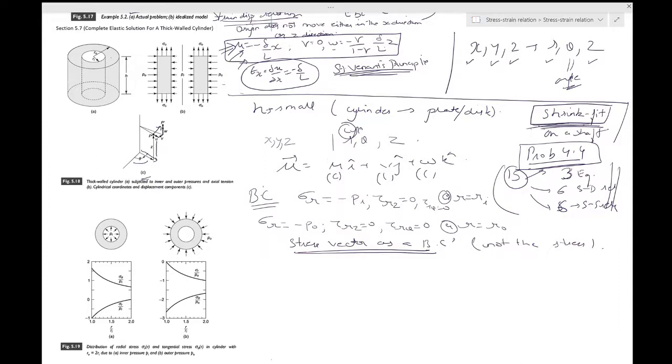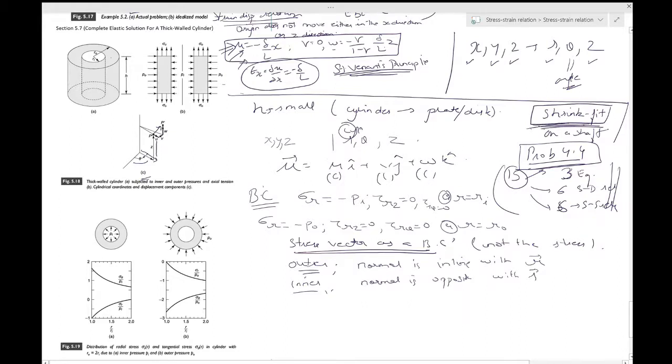So for example, for the outer part, the normal is in line with r, or this direction, but for the inner part of the cylinder, the normal is opposite to the radial direction, and that is why you are doing this.